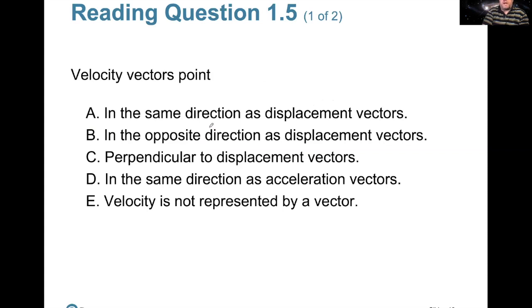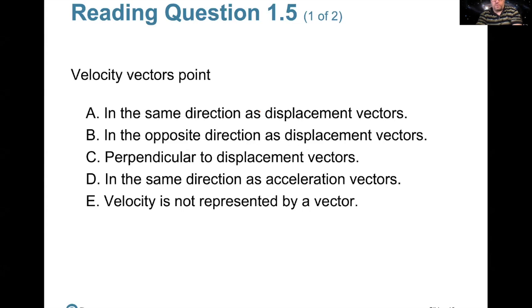Okay, a velocity vector points in the same direction as the displacement vectors, sometimes in the opposite direction as the displacement vector, sometimes perpendicular to the displacement vector, in the same direction as the acceleration vector, or velocity is not represented by a vector.